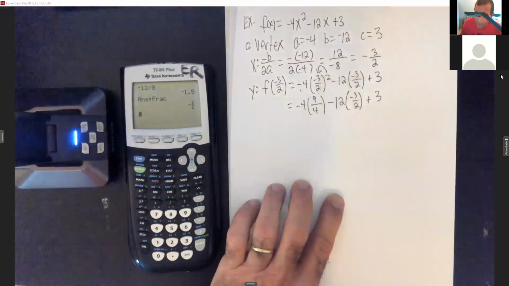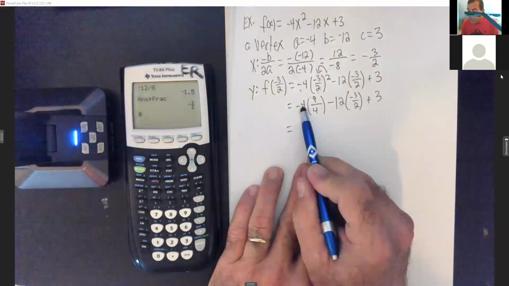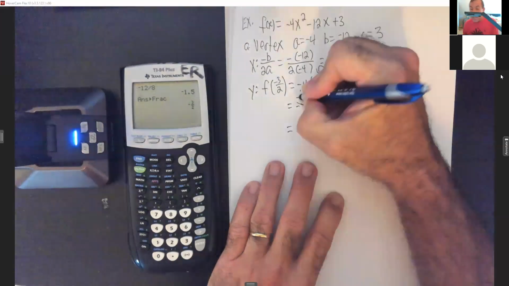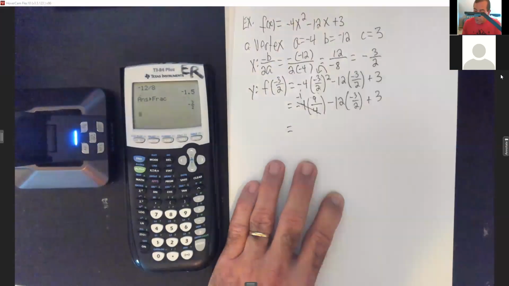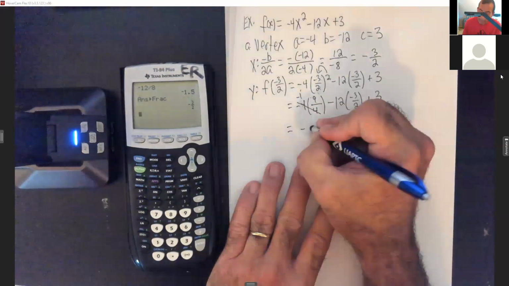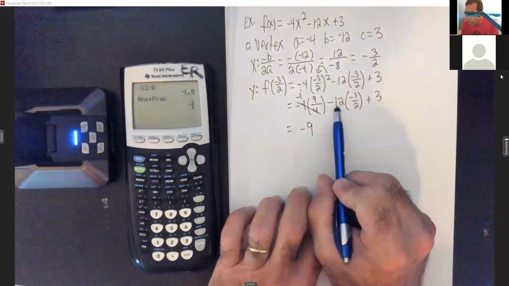Now, y'all, watch what we can do on this one. I got a -4 sitting here and a +4. They will cancel each other, making a -1. So what is -1 times 9? That's going to give me a -9. Notice here you got a -12 and a 2 on the bottom.